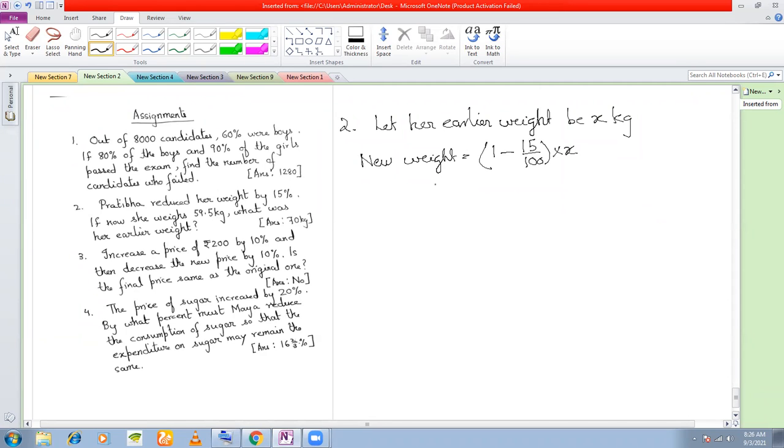So this is the new weight, right? We cancel here. It becomes 1 minus 3 by 20 into X. Now if you take the LCM, you get 17X by 20. This is the new weight.